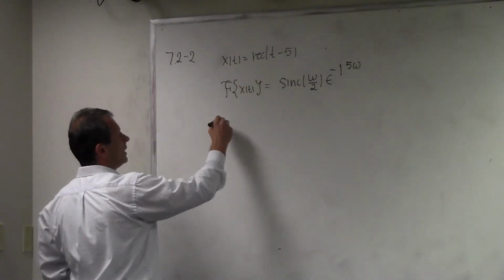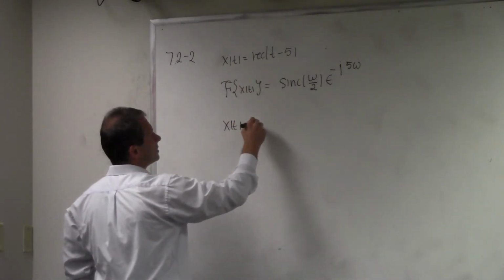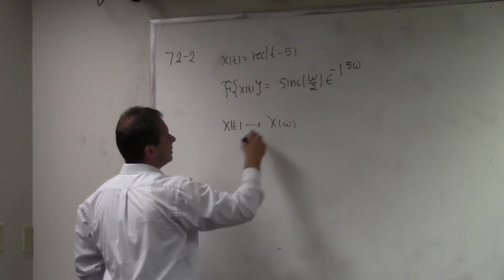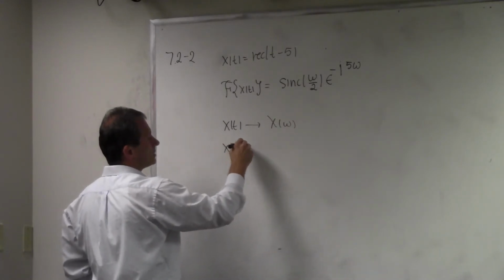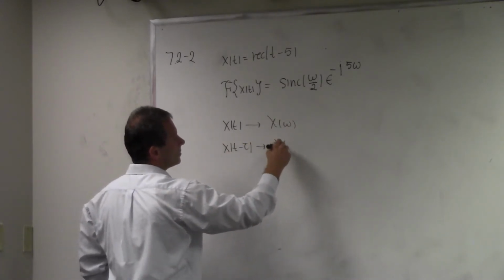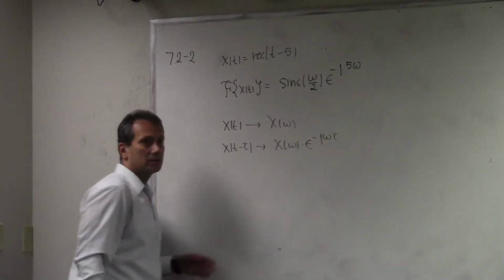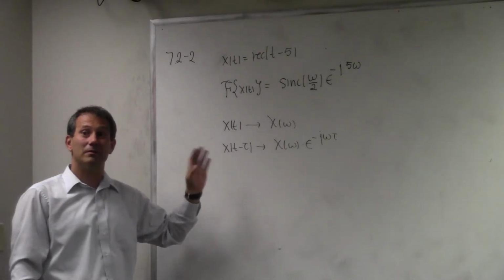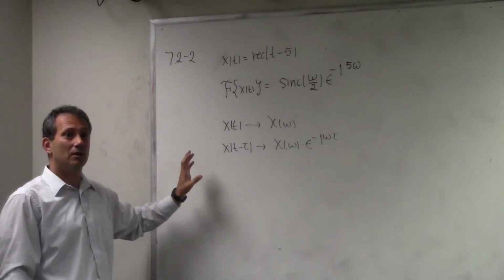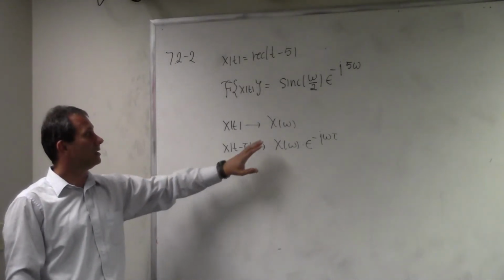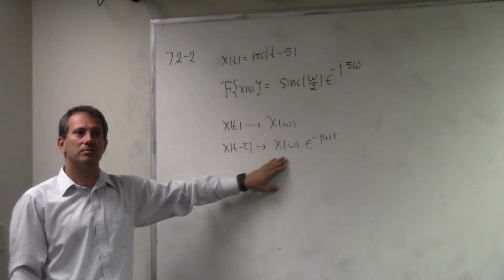We know that if x of t has a Fourier transform x of omega, then x of t minus some tau has a Fourier transform x of omega e to the minus j omega tau. That's our time delay property. And remember the physical significance of this one. What it tells me is that the magnitude spectrum does not change.